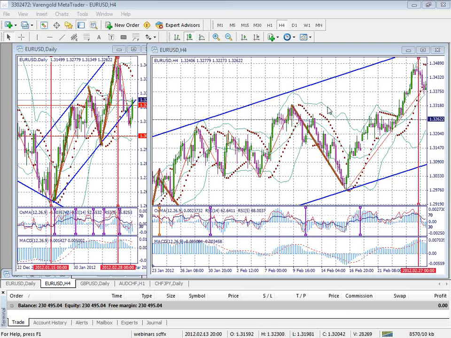The superior and inferior lines in Bollinger are calculated from the standard deviation of prices from the average price, the median line. So the distance from the median line to the superior line is the standard deviation of the high prices in the period, and for the low it is the standard deviation of the inferior price of the candle.